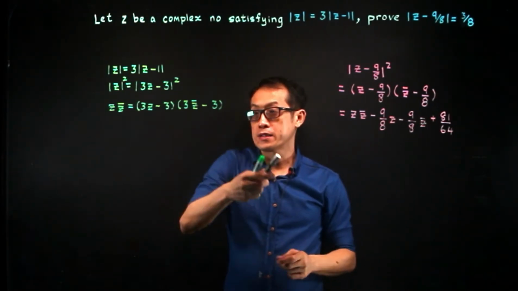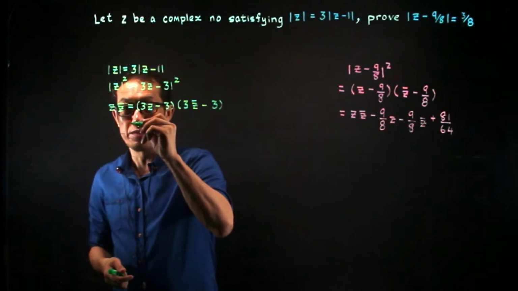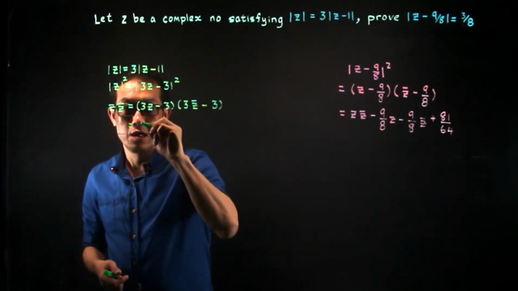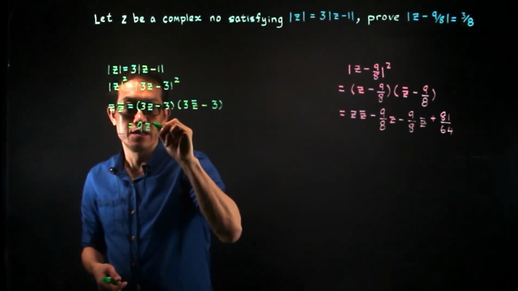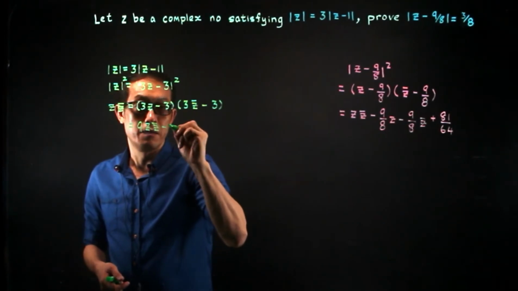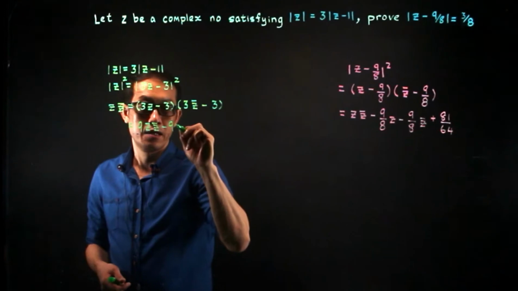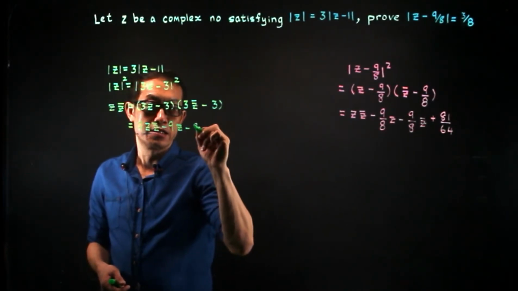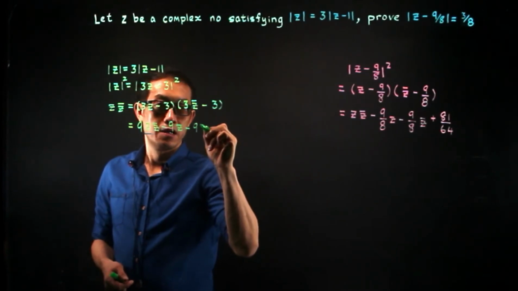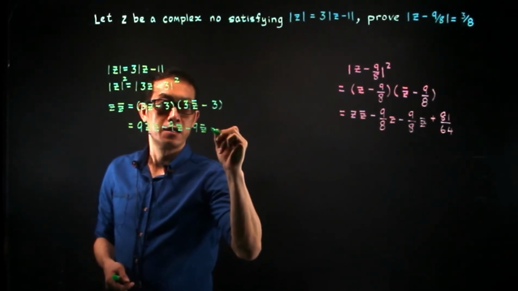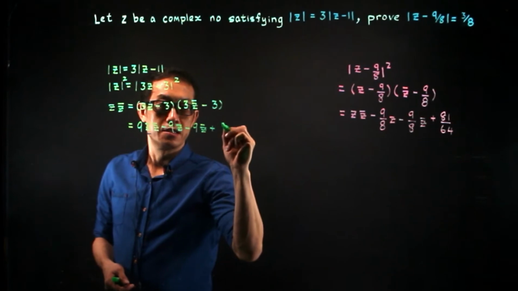Now, maybe I just expand it out. So that will be equals to 9Z Z conjugate minus 9Z minus 9 conjugate Z plus 9.